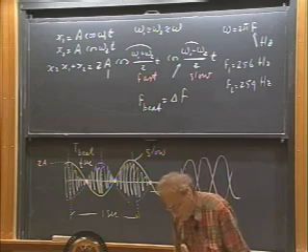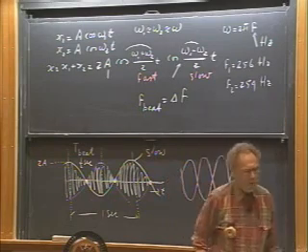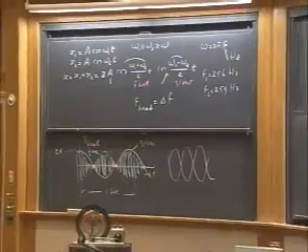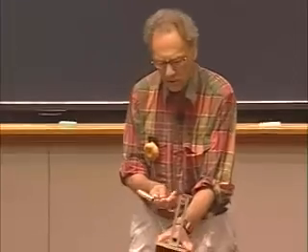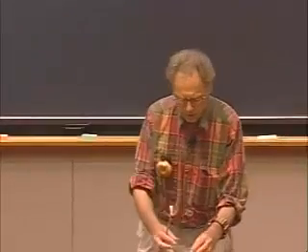A very nice way to demonstrate this is to make you listen to it. I have here a tuning fork of 256 hertz. And I have another one, which is also 256 hertz. But I can change this one by putting a little weight on there. So I can make the frequency a little lower.